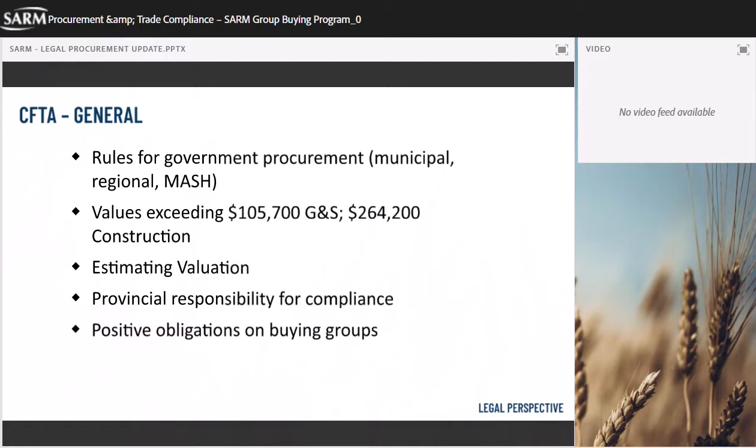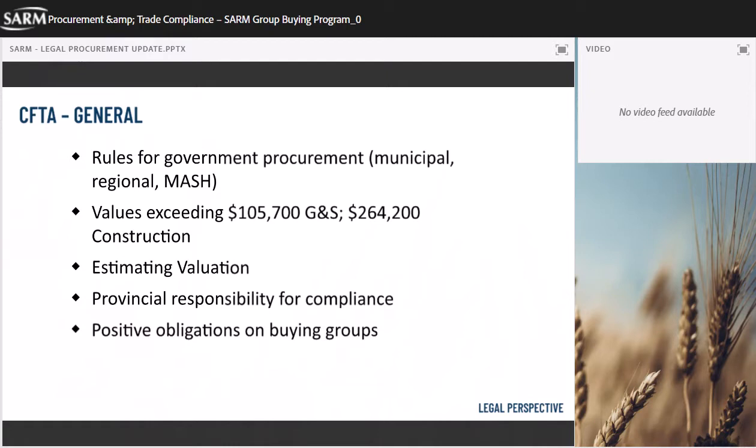The numbers for the valuation amounts for threshold, they vary every 2 years, I believe. They're adjusted. So over the last 4 years, we've seen that value amount increase. So we're also looking at total procurement value.